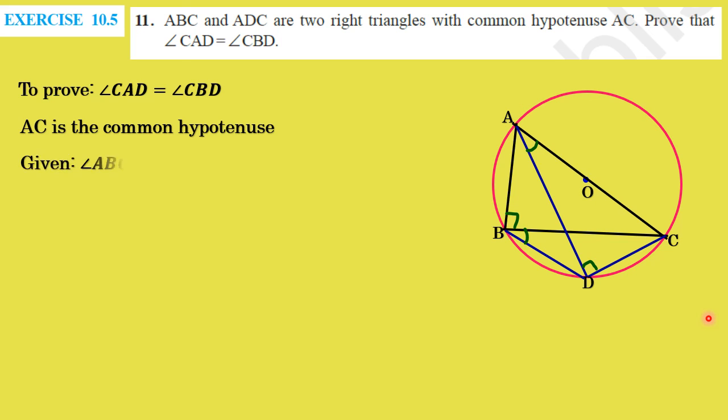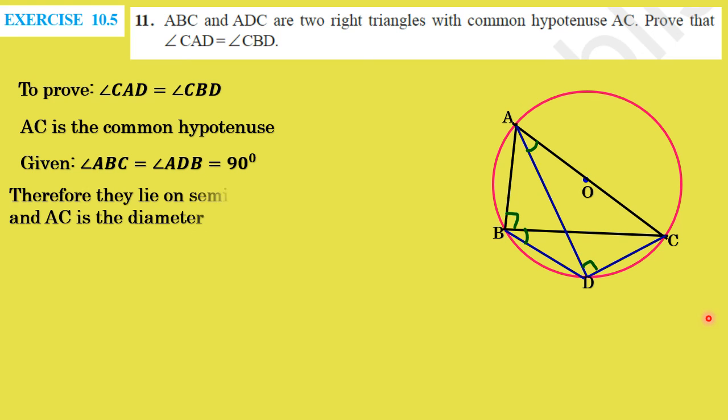Now, angle ABC is a right angle at B and angle ADC is a right angle at D. AC is the common hypotenuse. And it is given that it's a right angle. That means angles B and D are 90 degree. So, therefore, they lie on the semicircle. Because angle at any point of the circle becomes 90 degree means they lie on the semicircle.